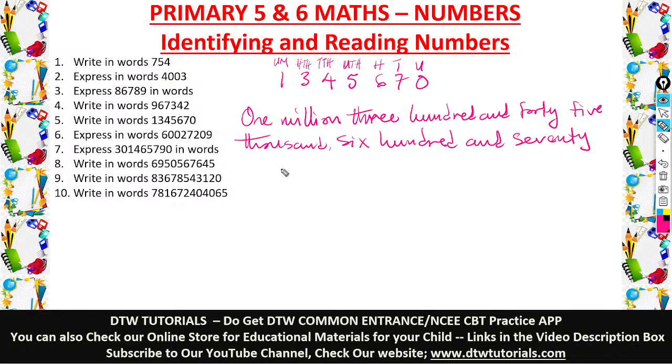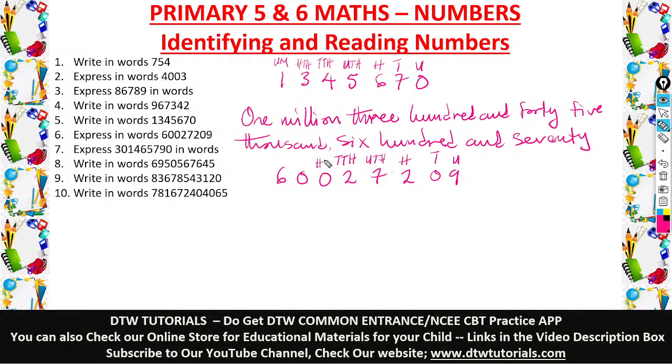Now let's look at this. So this is 60,027,209. So we have units, we have tens, we have hundreds, we have unit thousand, we have 10,000.